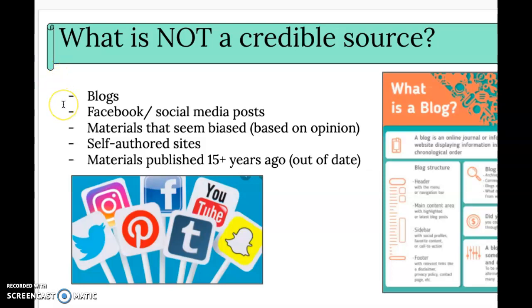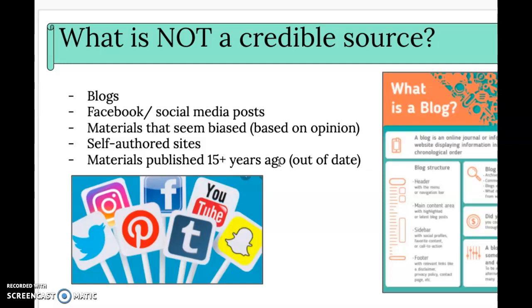So first we're going to check out what is not credible: blogs, any type of social media, materials that seem biased or one-sided, and self-authored sites. So instead of an organization, it's a personal site, and also outdated sites, so materials that were published over 15 years ago and not updated.